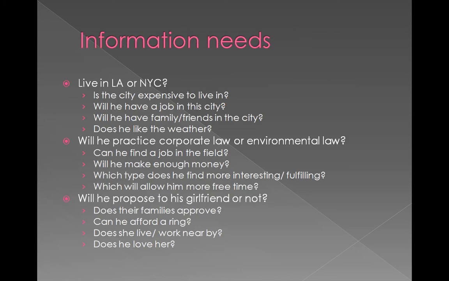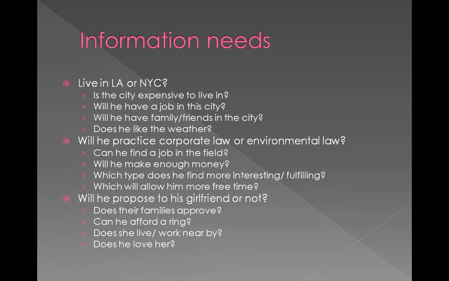For each decision, Matthew had to identify 4 pieces of information that will impact his decision-making process. In deciding where to live, he must consider the cost of the city, if he will have a job in the city, if he has family and/or friends in the city, and if he enjoys the climate.